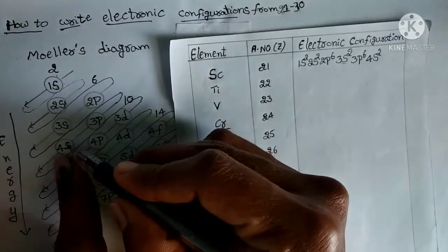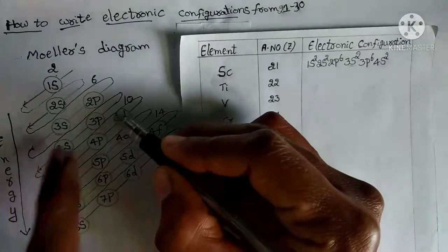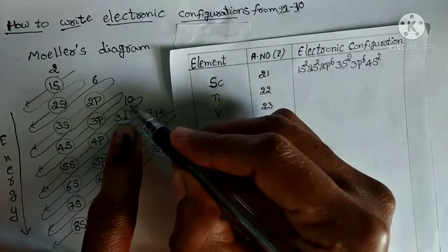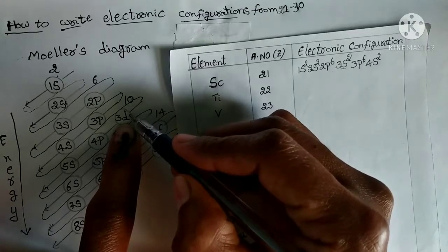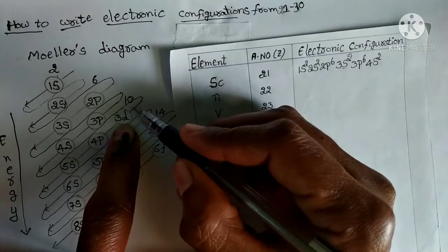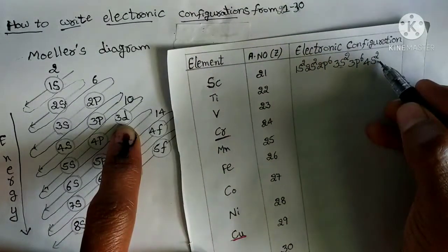Till here we have finished, as in the case of calcium. After 4s, which orbital will come next? The 3d orbital will come. What is its capacity? 10 electrons. In the previous video we have already discussed: when d orbitals are involved, 10 electrons will enter, I told, right? Okay, so now 3d. How many electrons are left now?